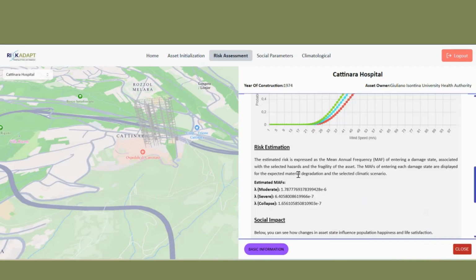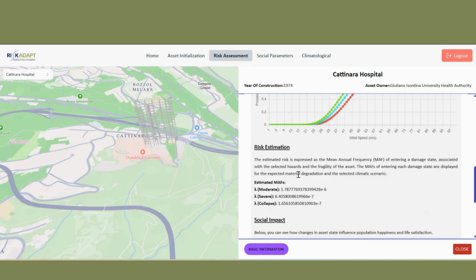Usually, in performance-based engineering and relevant literature, the risk is expressed as the annual probability of failure or the mean annual frequency. Typically, for low values of annual probability of failure, assuming a Poisson assumption, the mean corresponds to the mean annual frequency. That's why here we present the mean annual frequency, which means how many times in an average year I'm going to be in that state.